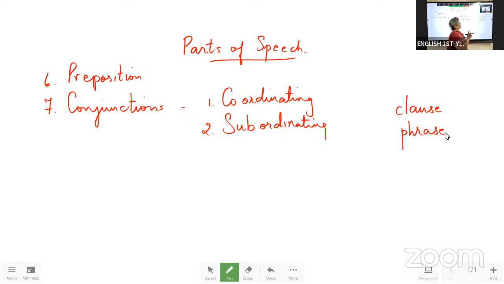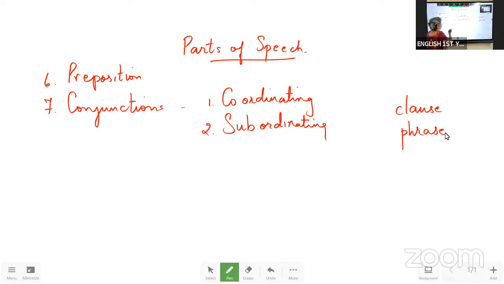And that is why in active passive, when you come across a phrase, you cannot convert it from active to passive voice.